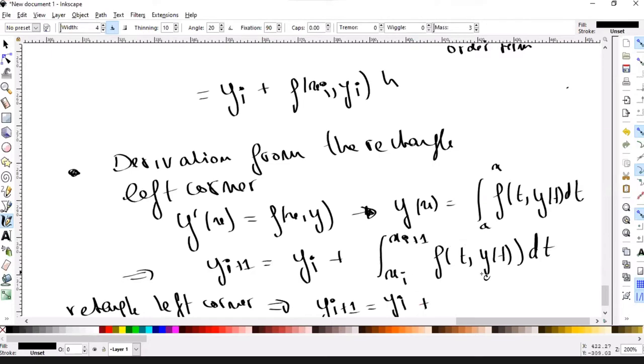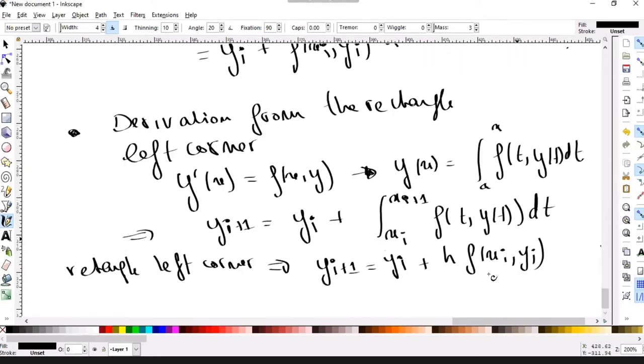Because when you integrate with the left corner, you take just the left point, so it's h f of x i, y i. So you can get the same expression using the rectangle rule. We'll stop here and continue next time.